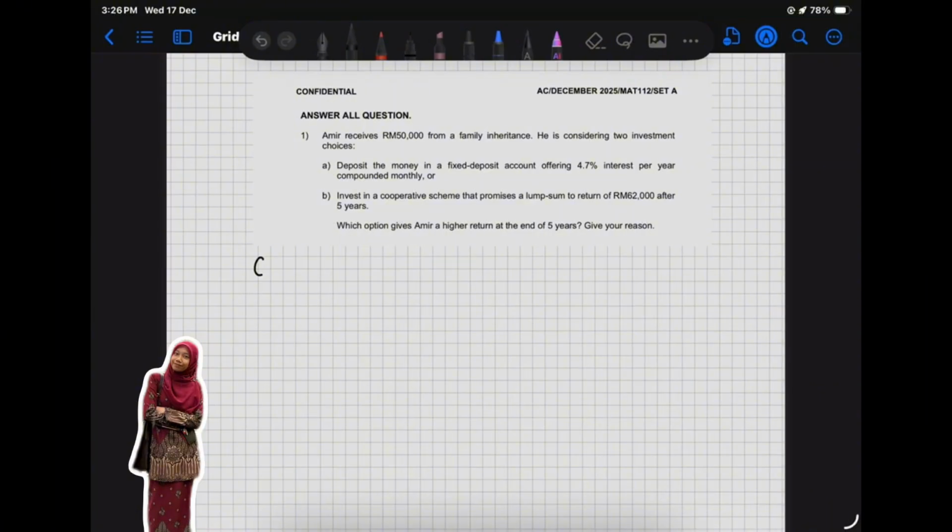Give your reason. To solve this question 1, first we need to find the future value for option A. So we use the S formula.